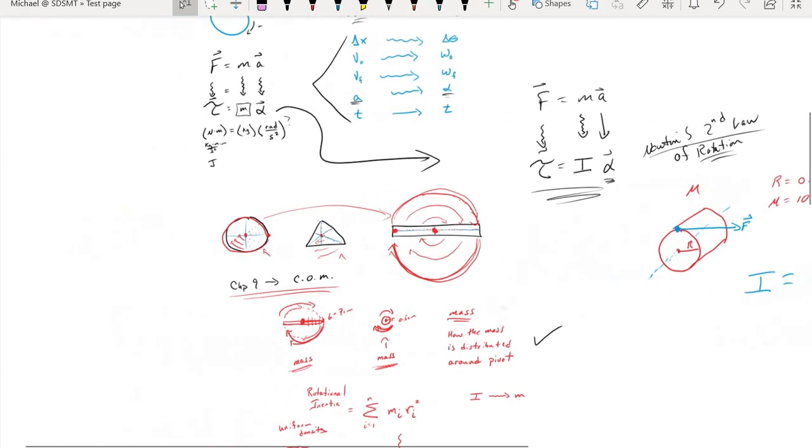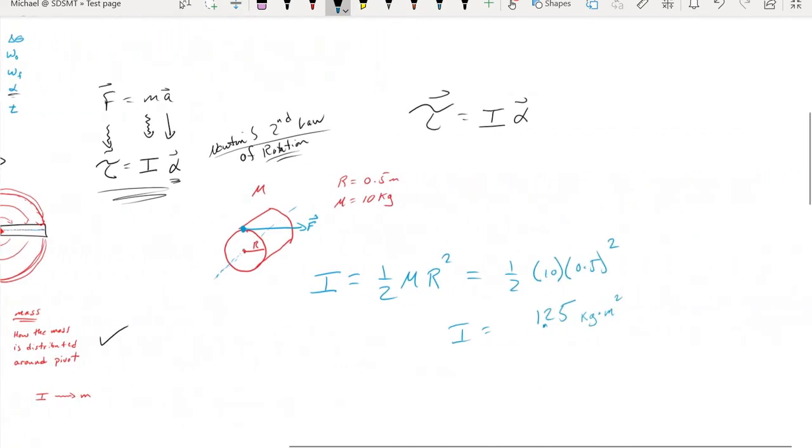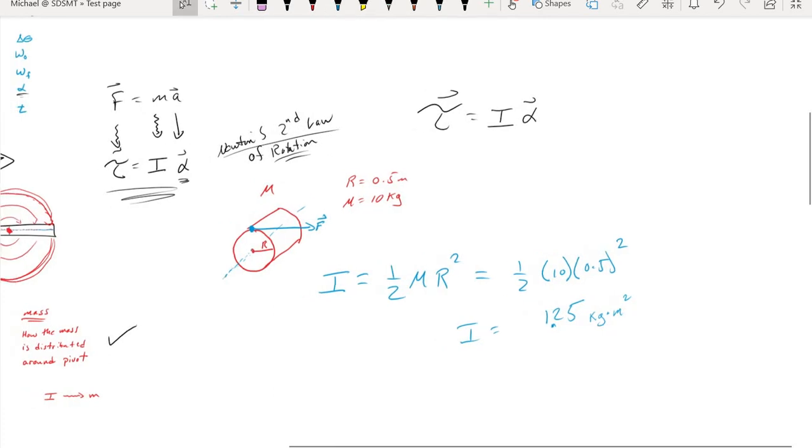And that's actually the appropriate value that was needed to make all of our units work out properly before. So 1.25 kilogram meters squared is the inertia value. To get the angular acceleration, I will need to find the torque and divide by that inertia value.